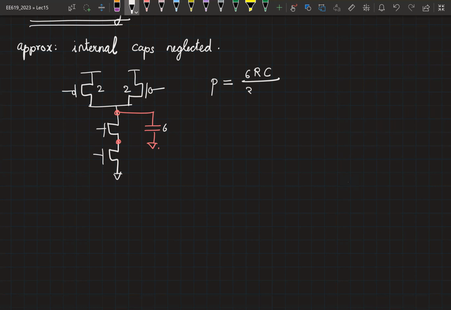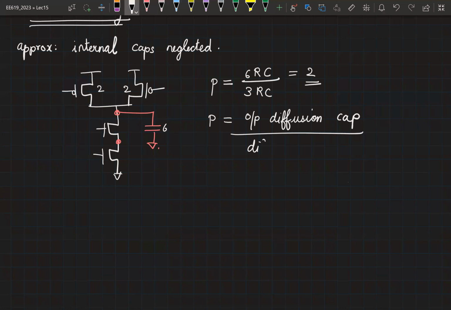It has to be normalized to 3R. So this is 2. So you can also calculate the parasitic delay just by looking at the output diffusion cap divided by the diffusion cap of the inverter with the same drive strength.